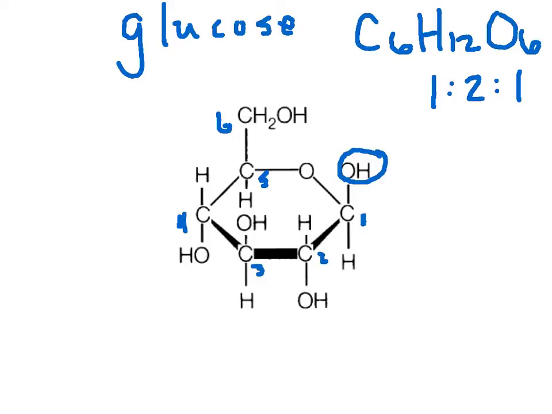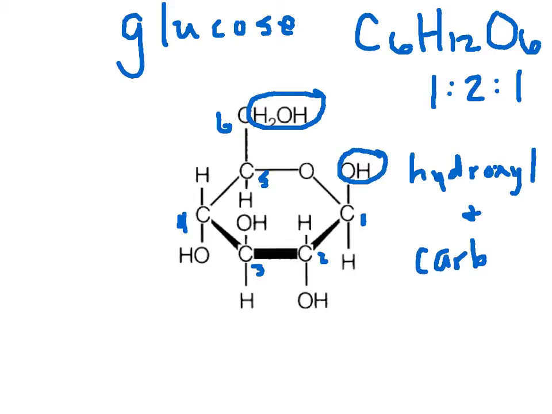And up here on the 6th carbon, we have a carbonyl group. So we have hydroxyls, those alcohols, and we have carbonyls. So these functional groups allow glucoses to have reactions with other carbohydrates and form these long chains or huge ring structures that we see in cells.